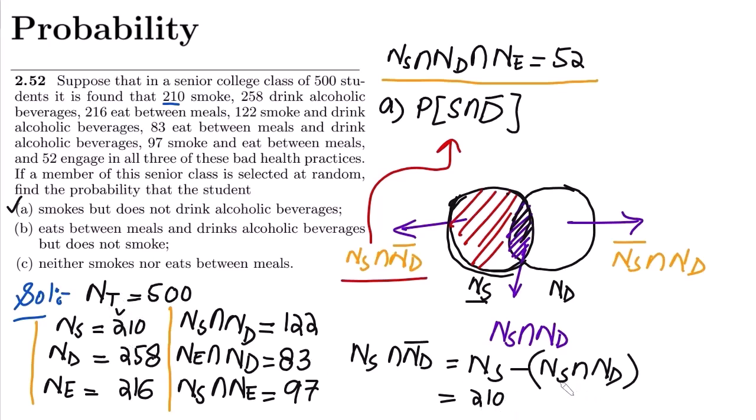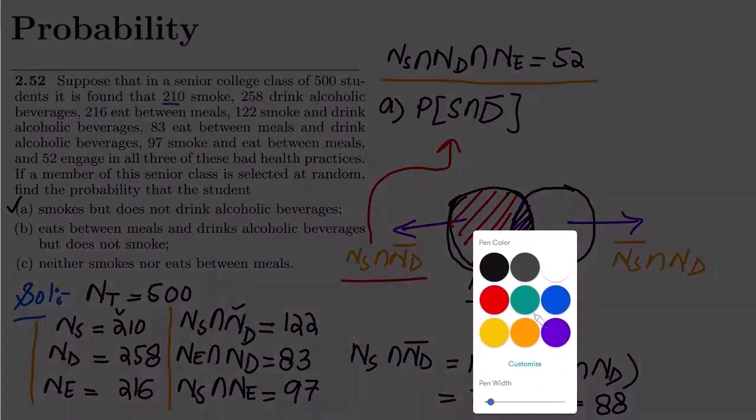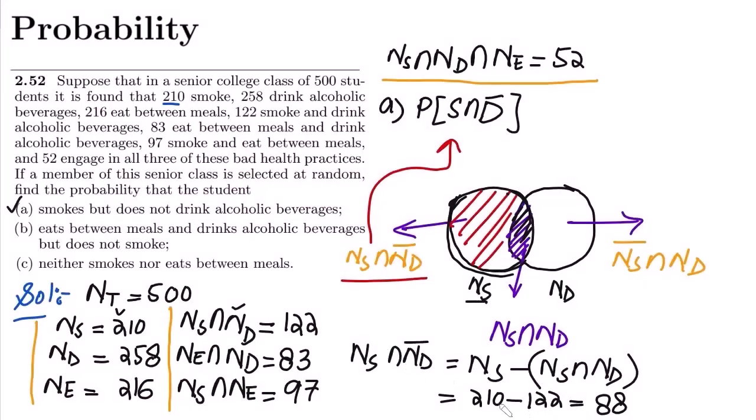And do I know the value of N of S and D? Let me search. That is also given here. So that is minus 120. Calculating it, I will get 88. This is the number of people who smoke but don't drink.